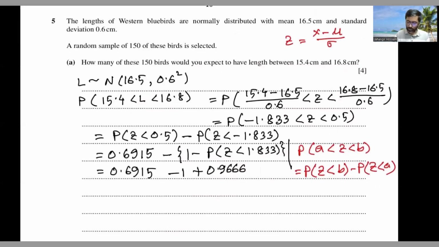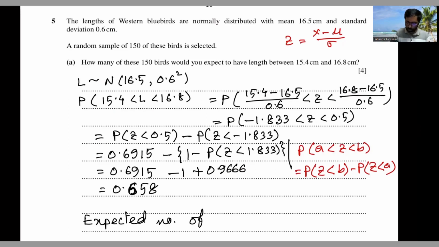So that's how we have got 0.9666. And if you calculate this one and write it correct to 3 significant figures, it will be 0.658. That's the probability.